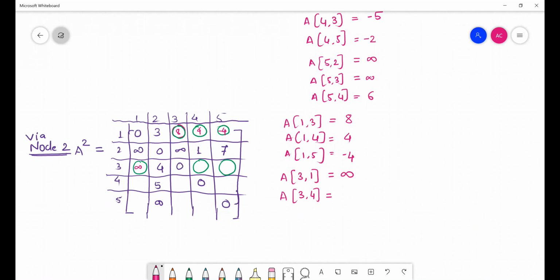Check it again. So 3 to 4 is 5, and 3 to 5 is 11.